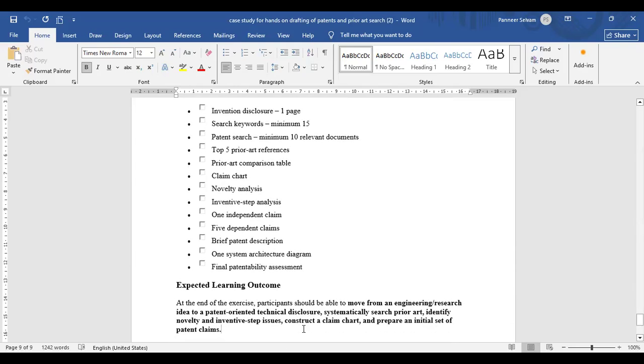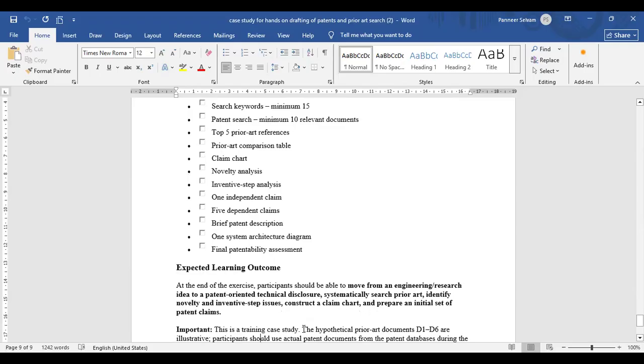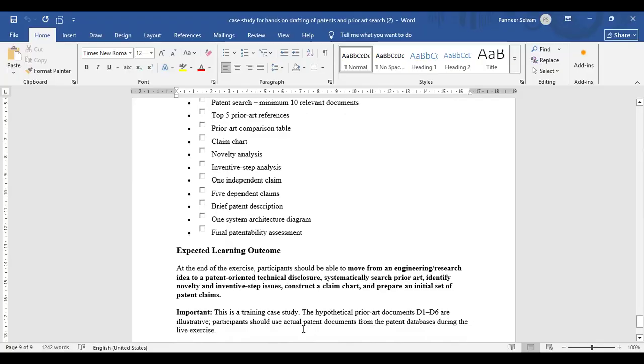By completing this exercise, participants should be able to move systematically from an engineering or research idea to a patent-oriented technical disclosure. They should also be able to conduct a structured prior art search, identify the novelty and inventive step issues, construct a claim chart, and prepare an initial set of patent claims.